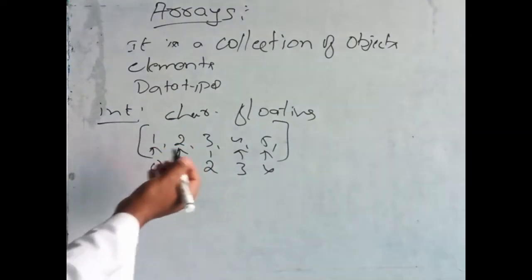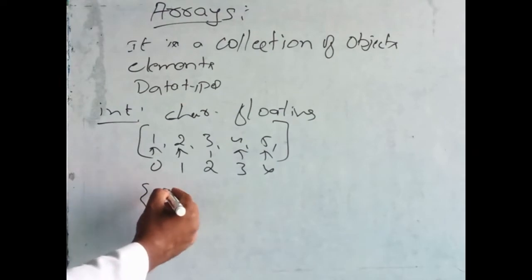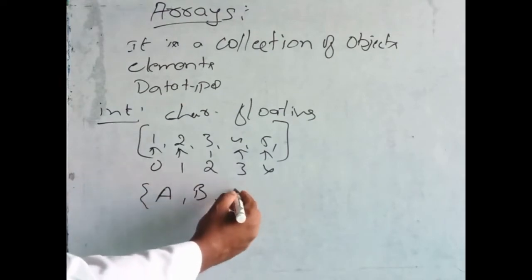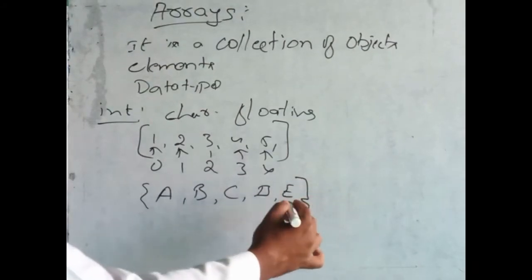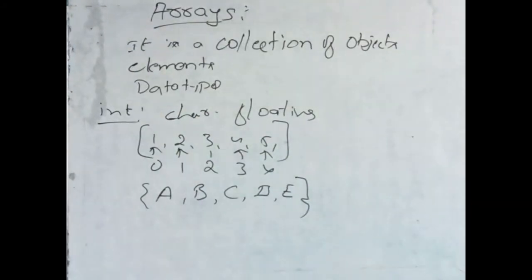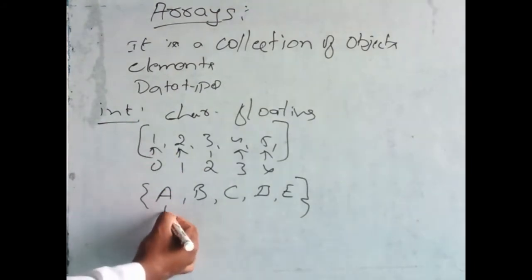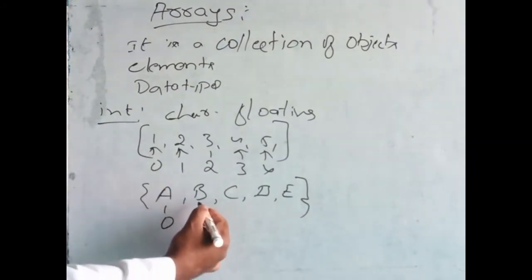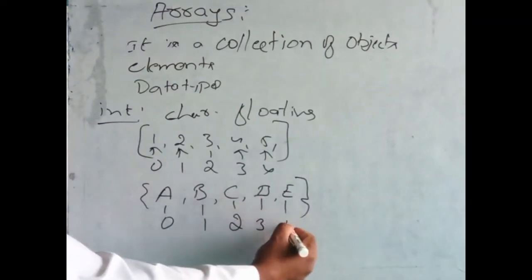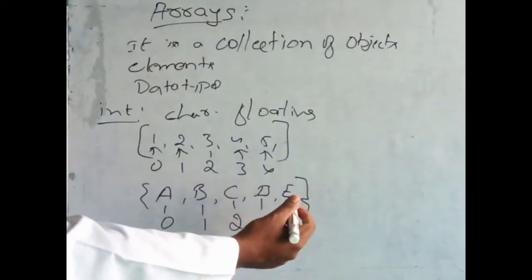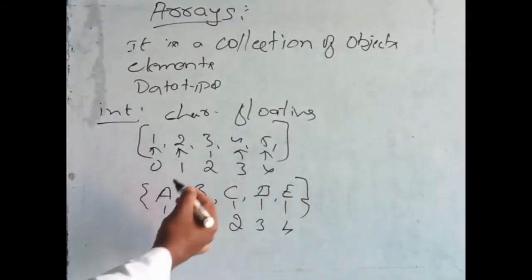For example, instead of numbers, if we use letters A, B, C, D, E, these are the elements in an array. This is one array, and for it we give numbering. Numbers start with 0: 0, 1, 2, 3, 4. 5 letters are in one array.